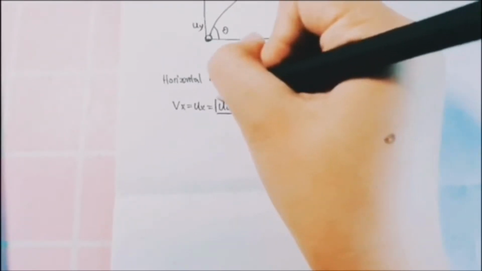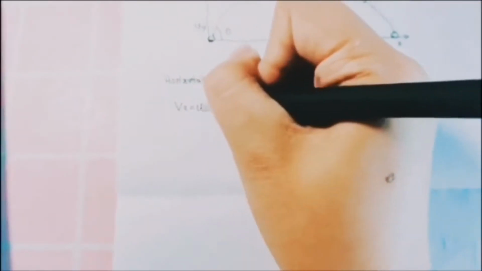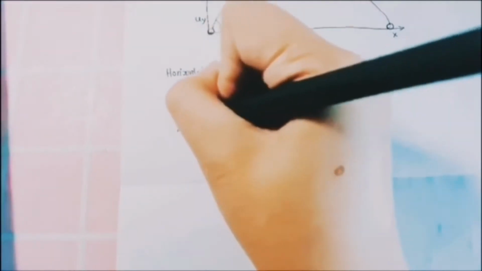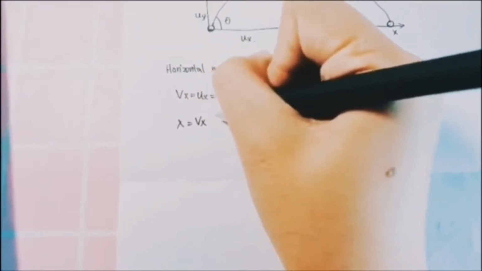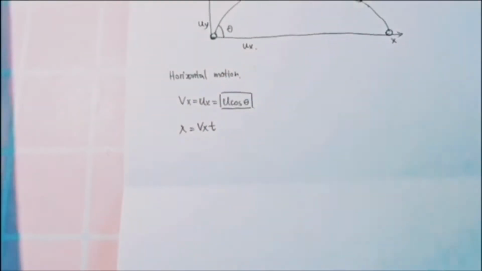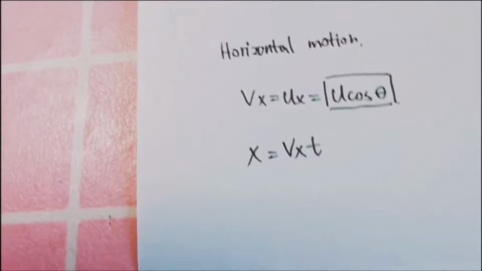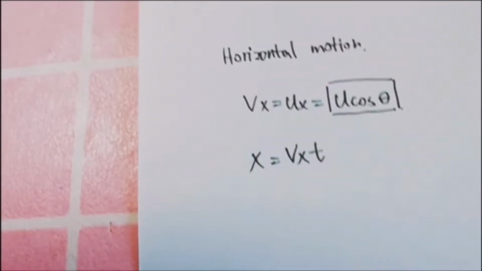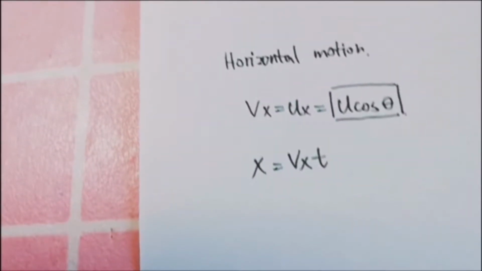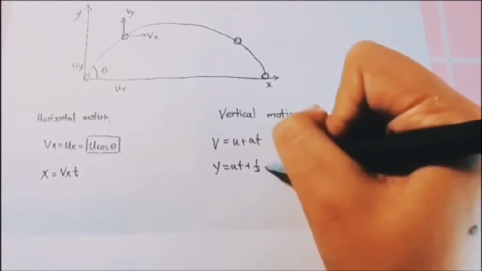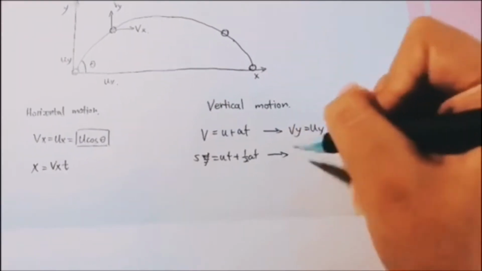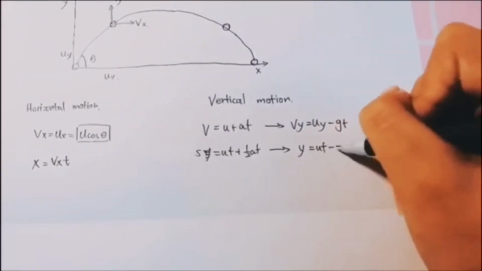The horizontal motion is a uniform motion. The horizontal velocity is ux equals u cos theta. The horizontal distance equals vx t. The vertical motion is a uniformly accelerated motion.